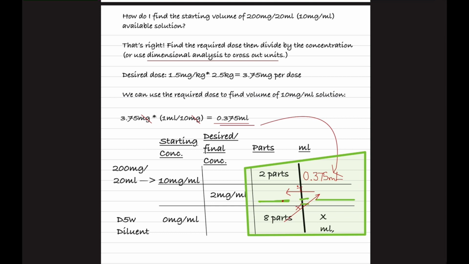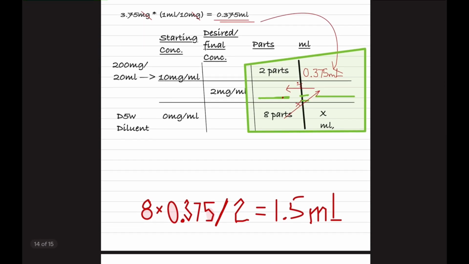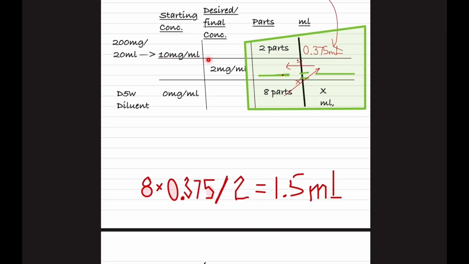This is the volume that represents the required dose. Now we are able to enter that into our tic-tac-toe board here, 10 milligram per ml all the way across, and we get our 0.375 milliliters.